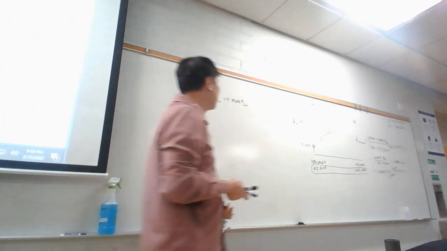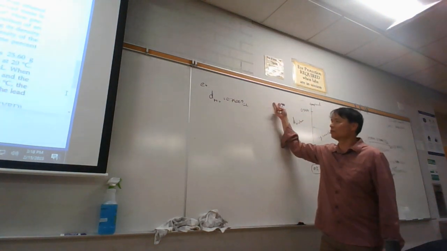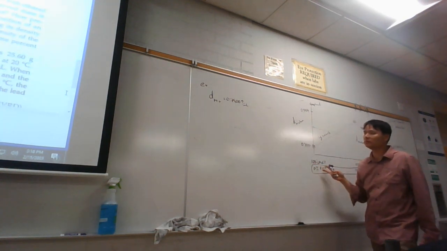So if I want the percent methanol and percent ethanol, that's two unknowns. If I have two unknowns, I've got to use two equations. But I already did this graphically. If I do this graphically, then I don't need two equations.